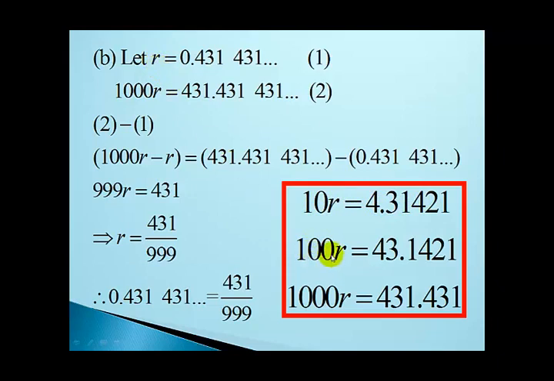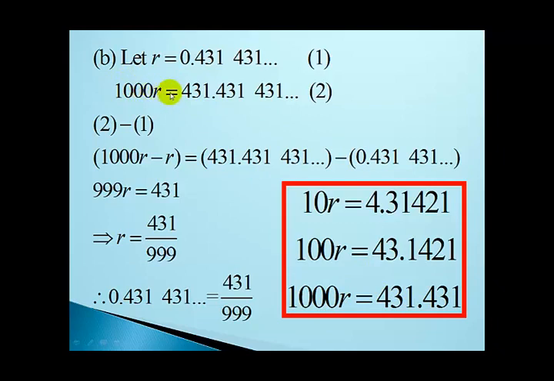But when you multiply the right hand side by 100, you have 43.1431. The recurring pattern has also changed. But when you multiply R by 1000, you have 1000R on the left hand side. And on the right hand side, you have 431.431. So the recurring is also seen when we multiply through by 1000. And that's the reason why we multiply the R by 1000.